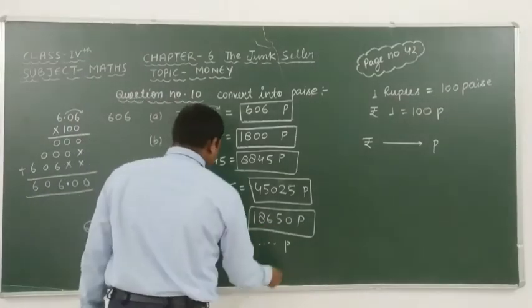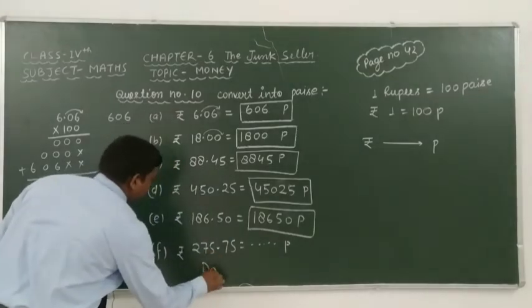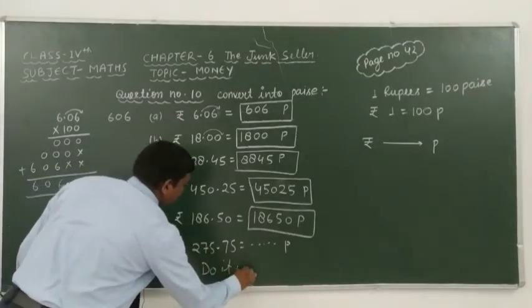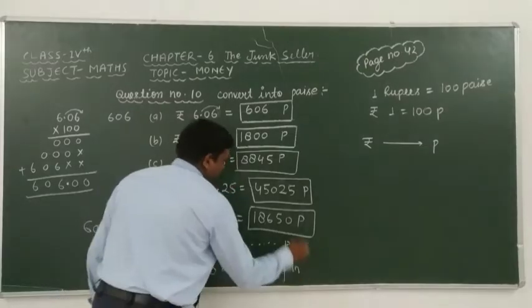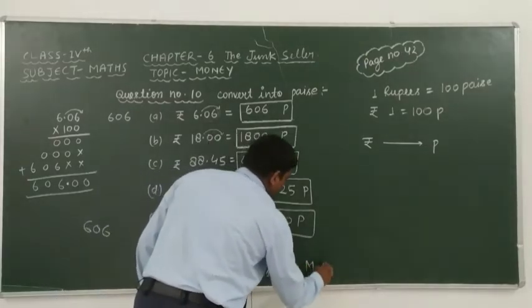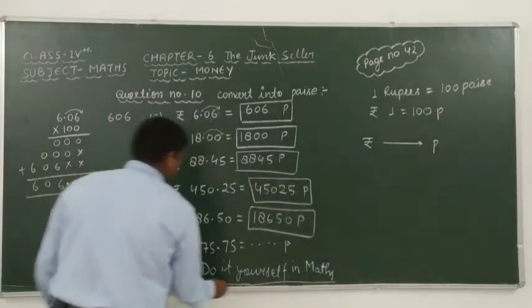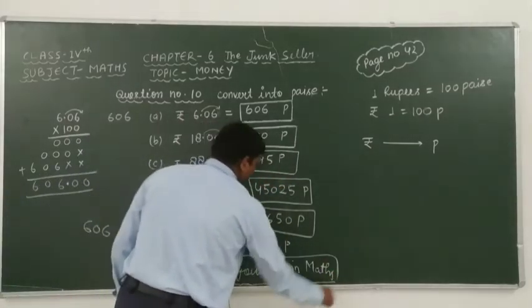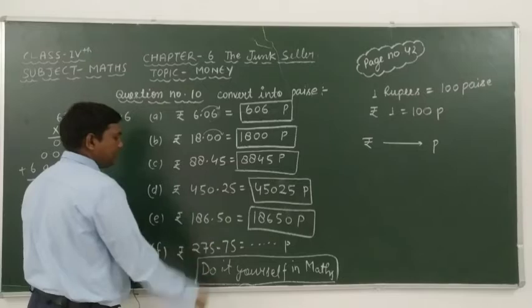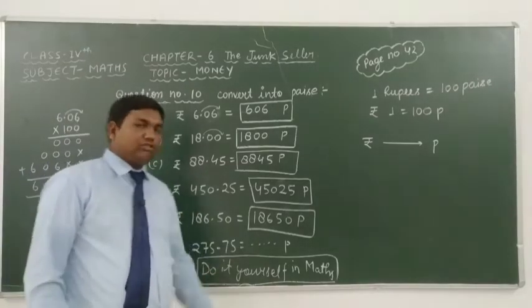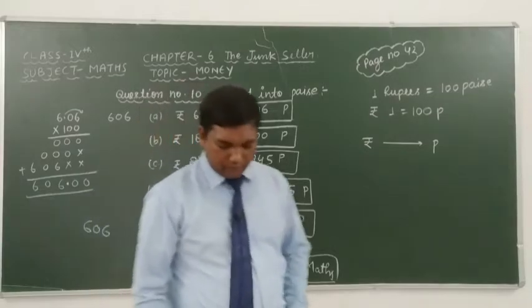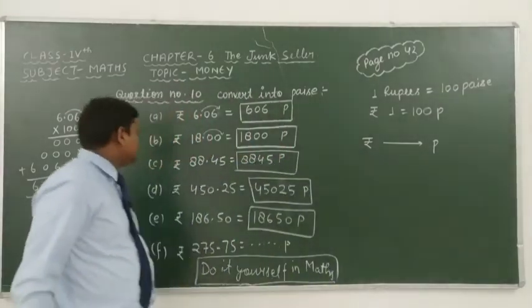Okay students, similarly do it yourself in maths homework. Okay, in this question here we remove this decimal point from here, then we get the answer of this question. Understand? Okay, now read this.